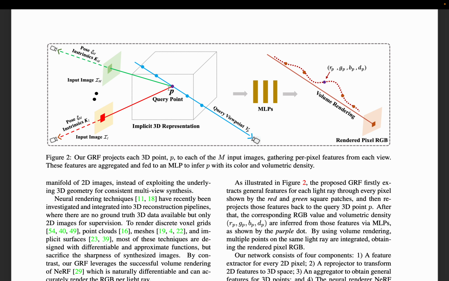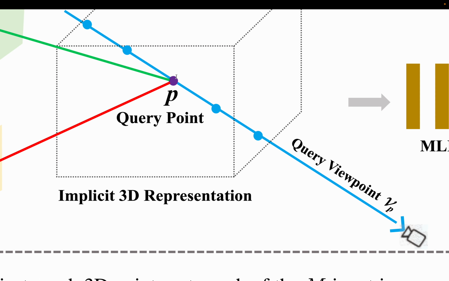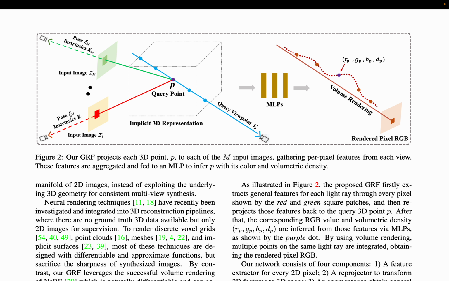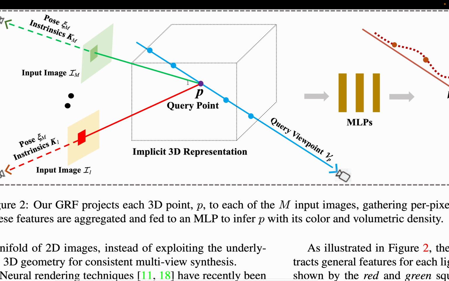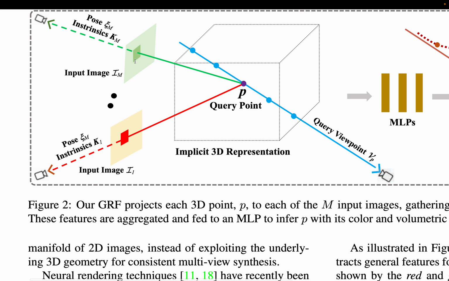And then for each query point, P in purple, we project it into all the input images we have. So basically at inference time, we receive a few images of the scene, maybe 3, 4, 5 images. So let's say M images. And then basically we project the query point back into those images.